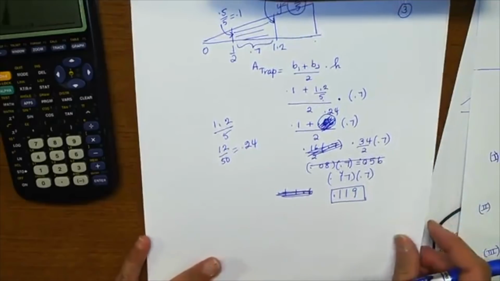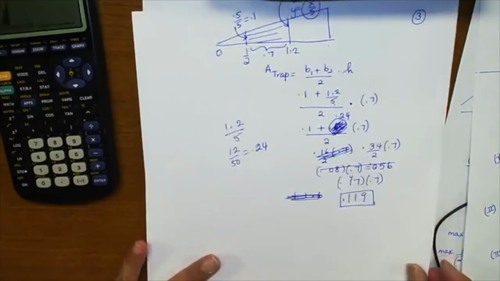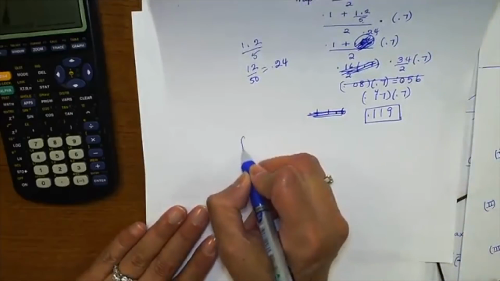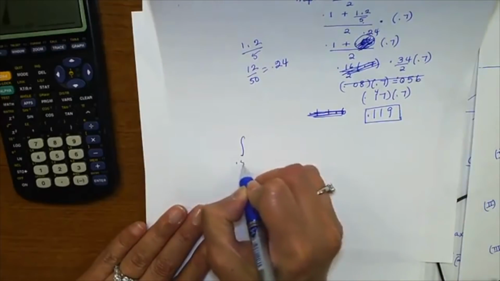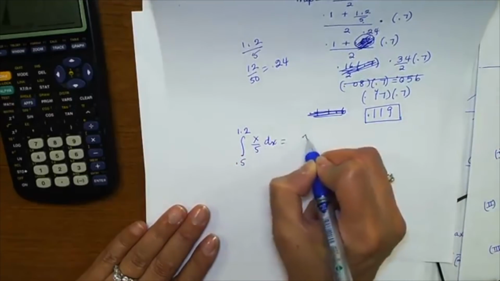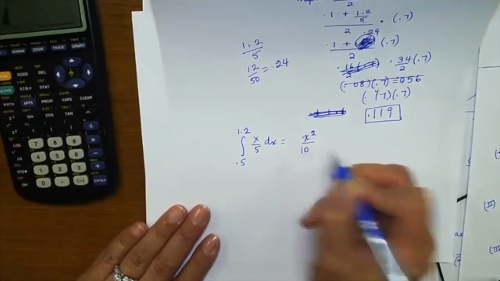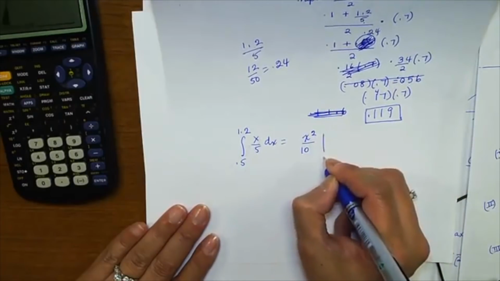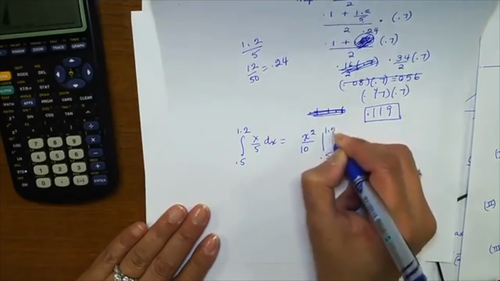So you could do that, or you could use a calculator, or you could integrate. If you were integrating, you would go like this: integral from 0.5 to 1.2 of x over 5 dx, which is equal to x squared over 10 from 0.5 to 1.2.